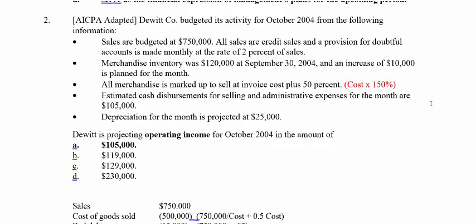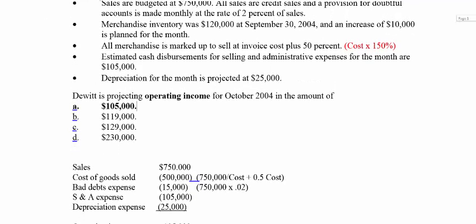Let's go a little bit further here. Our estimated cash disbursements for selling and administrative expenses for the month are estimated to be $105,000, straight up. And then depreciation expense, which definitely needs to be included on our income statement, is projected to be $25,000.